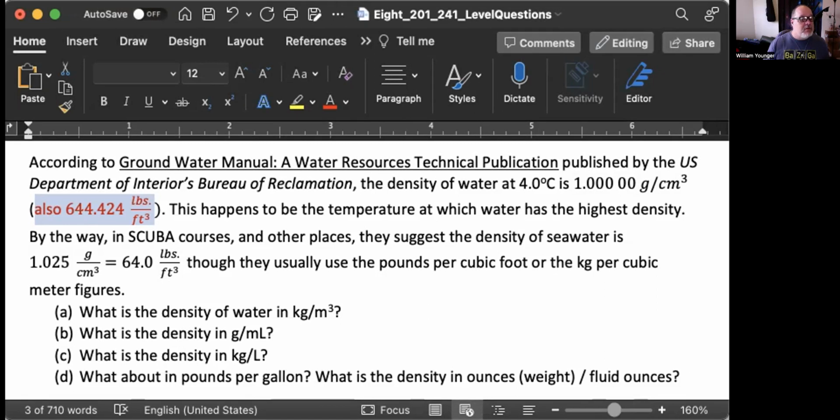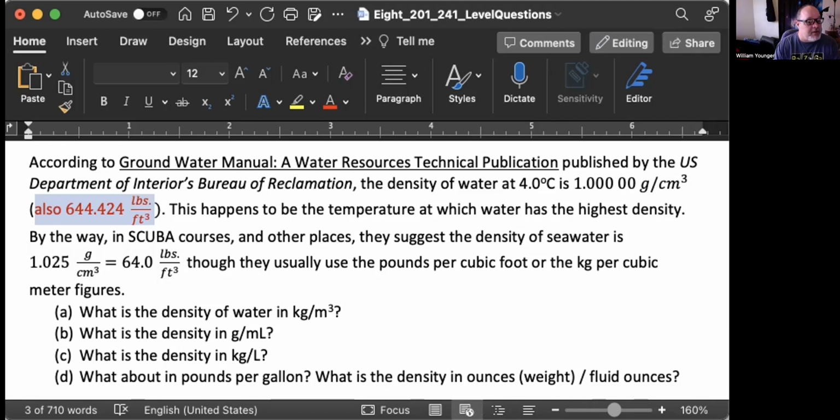So let's stop sharing this. Actually, before I do, I want to write down some figures. At 4.0 degrees Celsius, the density of water, and we often use the Greek letter rho for the density, is 1.000 00, and that's grams per cubic centimeter. I'm putting my strings of numbers in groups of 3, which is always good practice anyways.